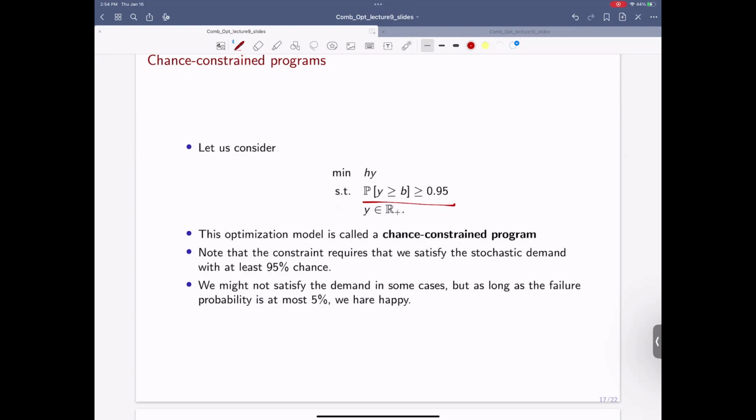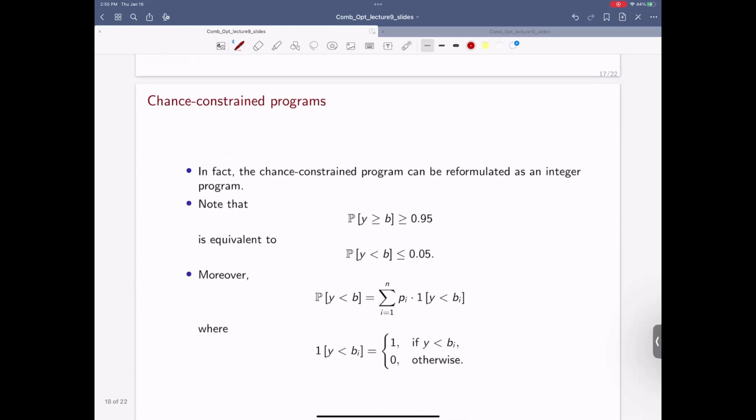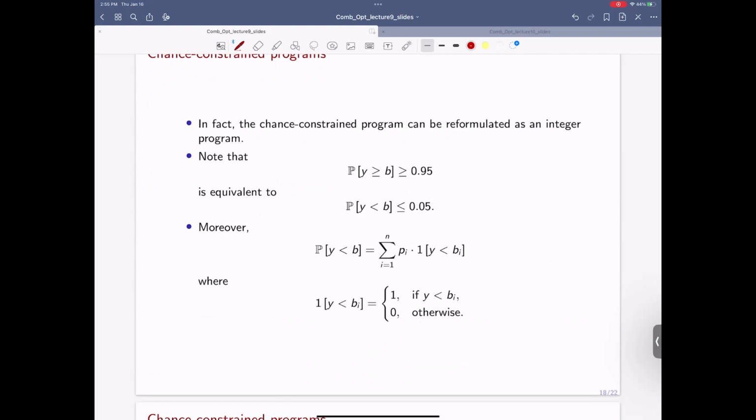I got into this problem because I started working on it about one month before I graduated from my PhD. The reason I got into this problem was that I found a nice connection to integer programming. Let me explain why that is the case. Basically, the probability of satisfying the inequality has to be at least 95%.